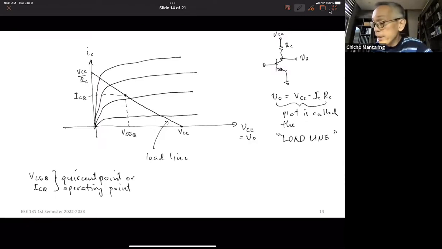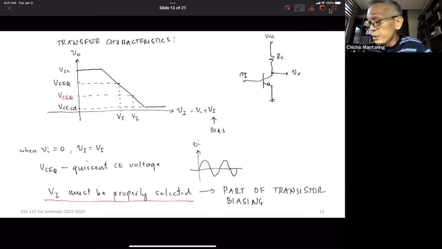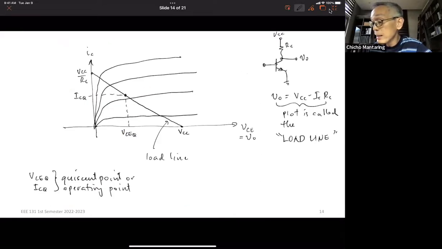So here it is shown in the characteristic curves. Here I show it in the transfer characteristics. Dito pinapakita ko sa transfer characteristics. Dito pinapakita ko sa characteristic curves.